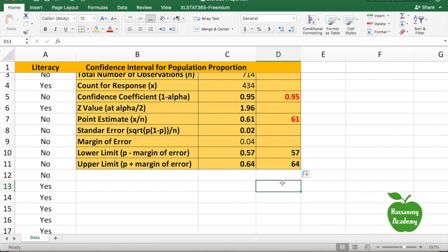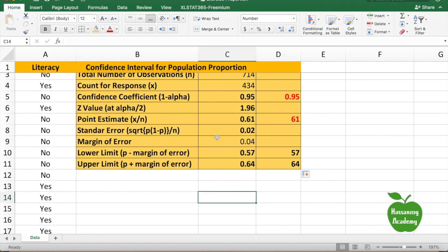So in conclusion, the proportion of all literate rice farmers in the given area may be between 0.57 or 57% and 0.64 or 64%. In other words, 95% of all estimates of the population proportion of literate rice farmers in the given area will fall between 57 and 64%.